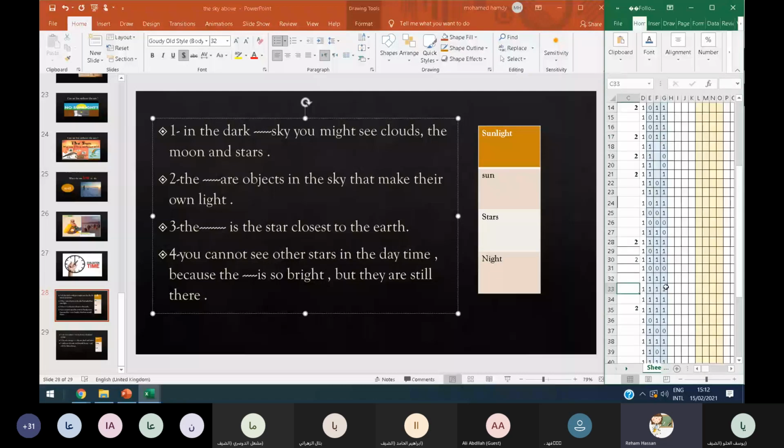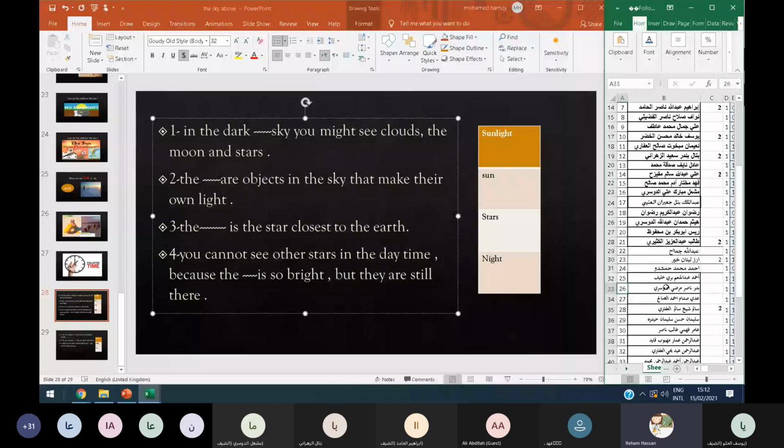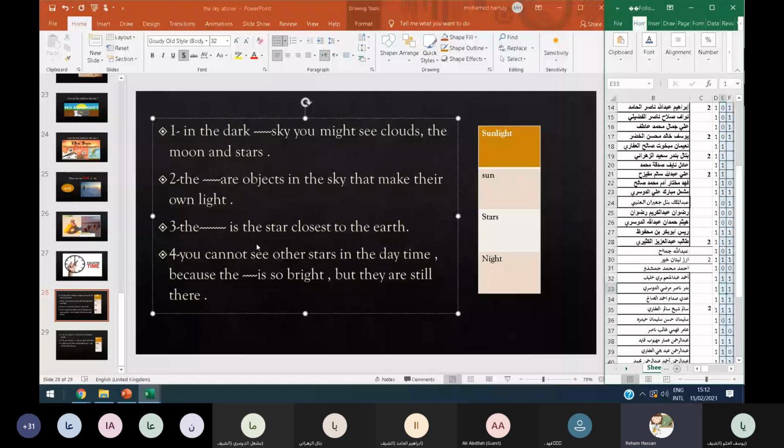Okay, Yusuf, wait, honey. So, Yusuf, number 4, you cannot see other stars in the day because the sunlight is so bright, but they are still there in the sky.